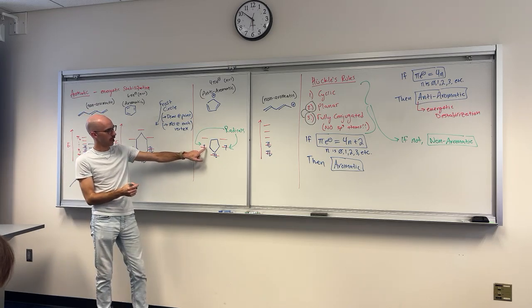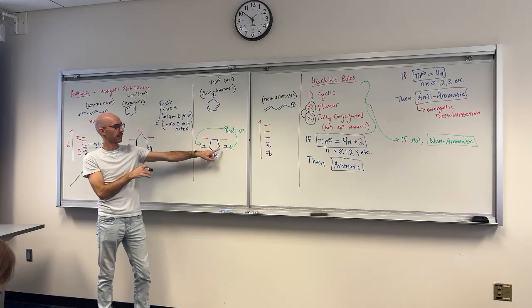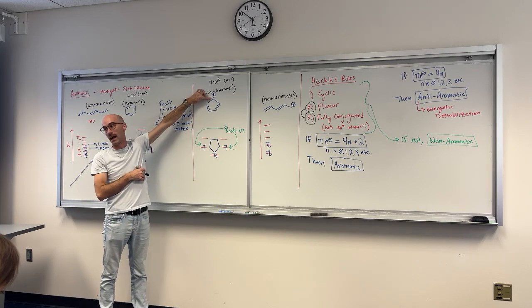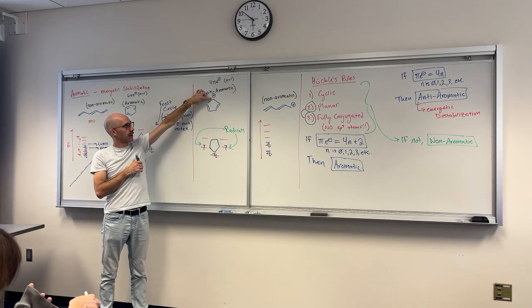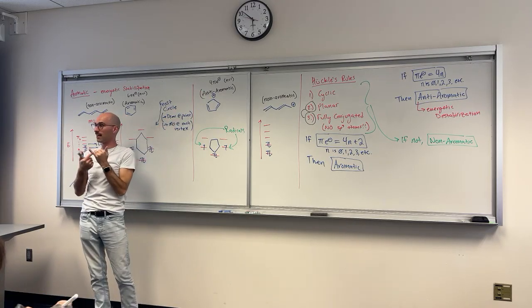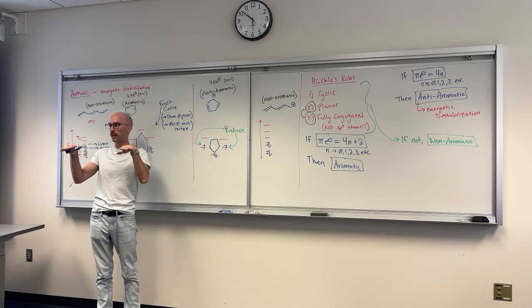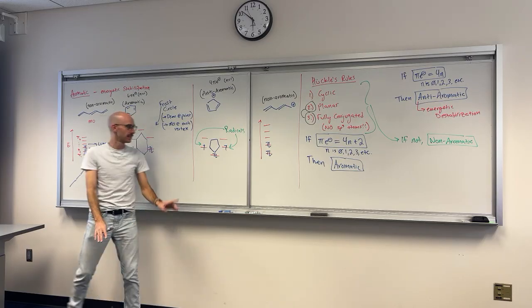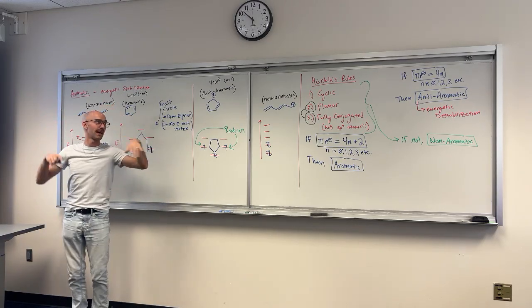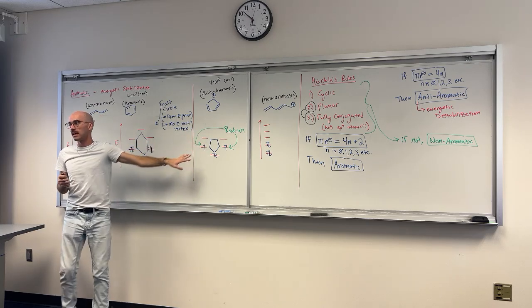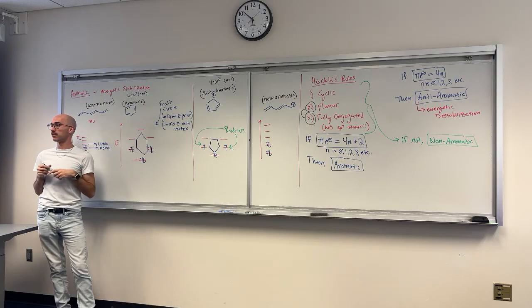If I had an electron here, this MO is paired, this MO is not, I have a radical dot, not a positive charge, then it is still conjugated. Sure. But it is at a net neutral energy. It hasn't been stabilized like an aromatic electron would have been, and it's not as destabilized as an anti-aromatic electron would be. But it's still a radical, and what do we know about radicals?